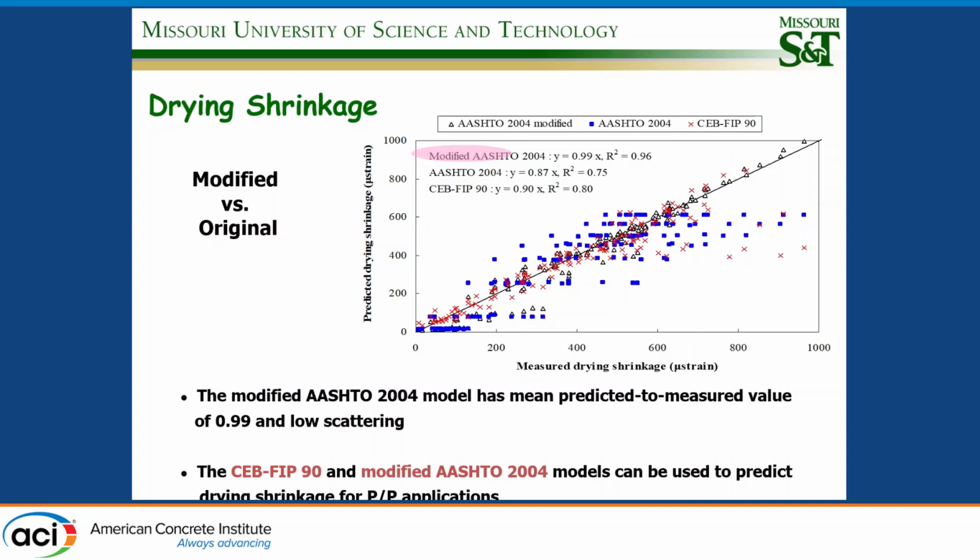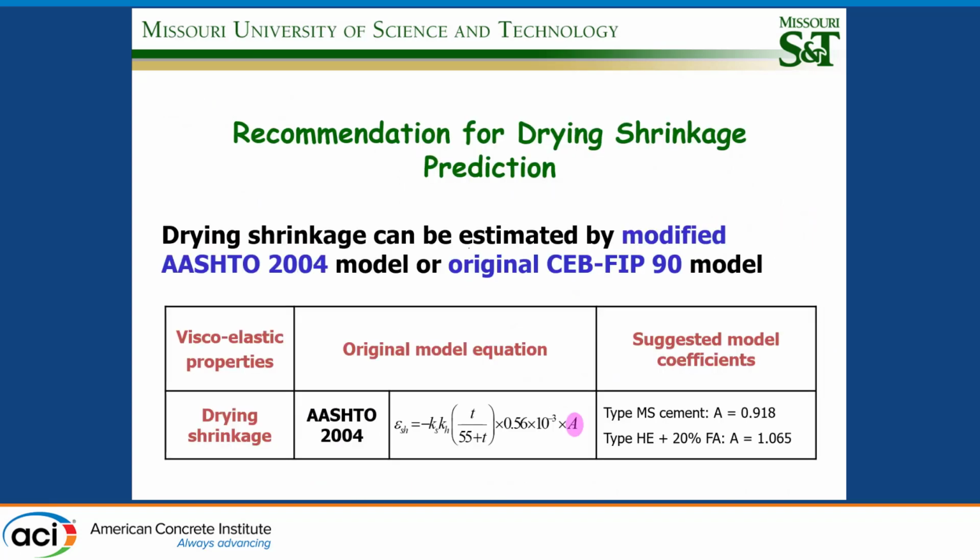That gives us a very high R square. And the points there, the empty triangle, black triangle, follow pretty much the linear one-to-one relationship.